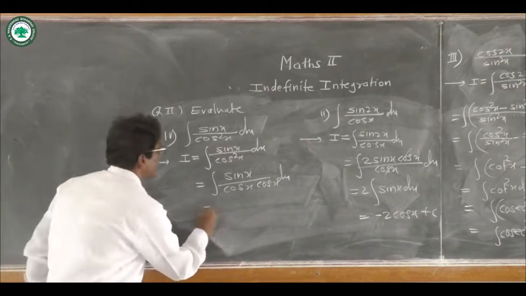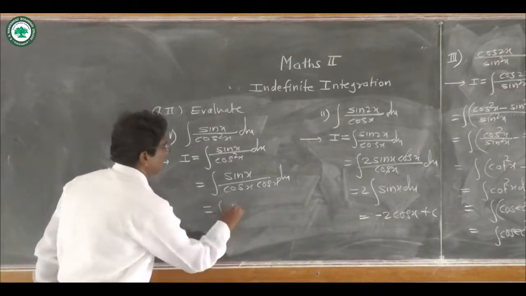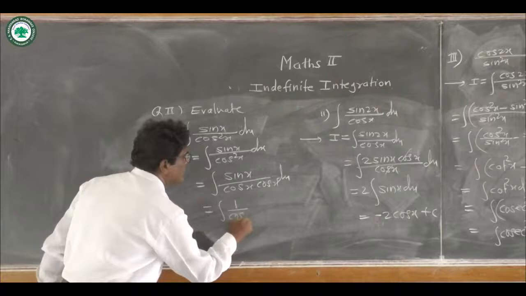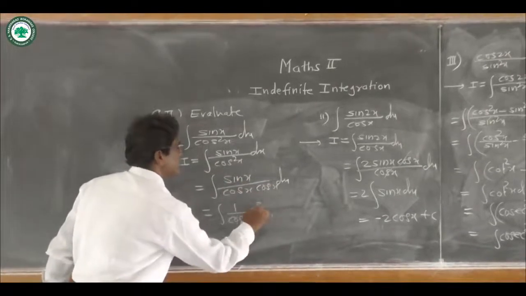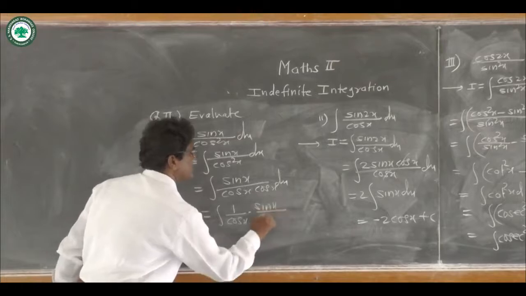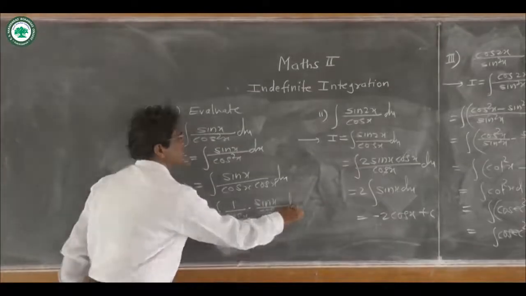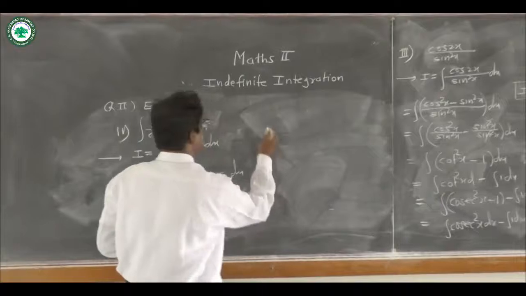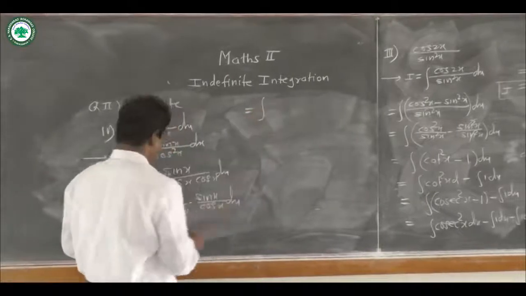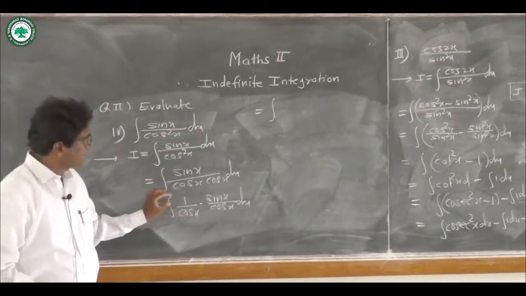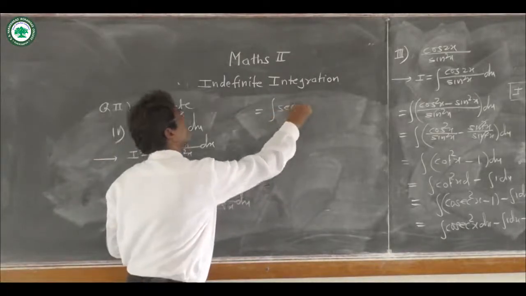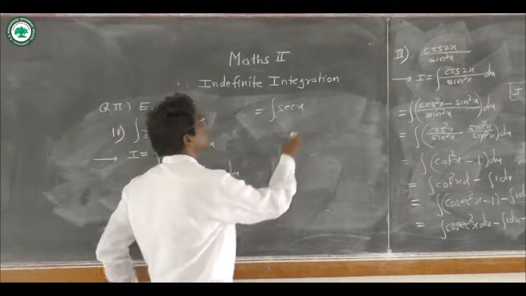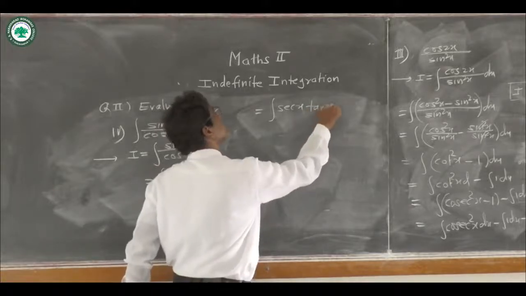Now it is equal to integration of 1 upon cos x into sin x upon cos x dx. So it is equal to integration of this 1 upon cos x is sec x, and sin x upon cos x is tan x, so sec x tan x dx.